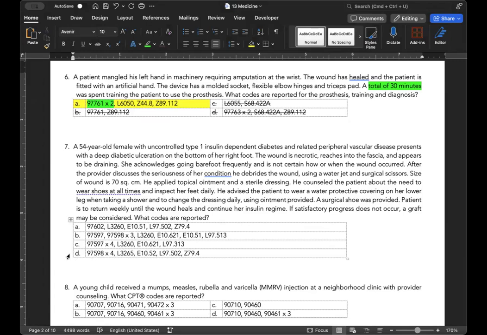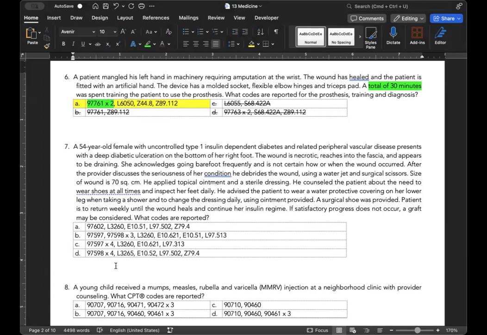So even though, yes, we are ruling out letter D, we do have an option to rule out more than one. So let's look at the 97597 and see if 97597 is our code.